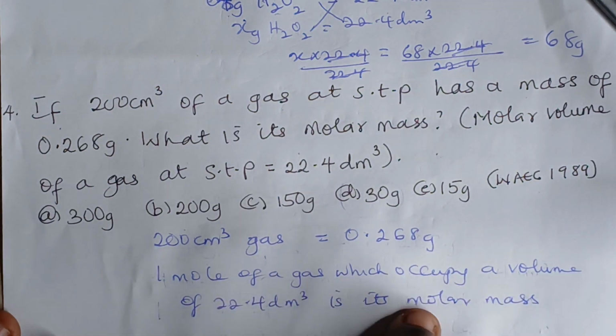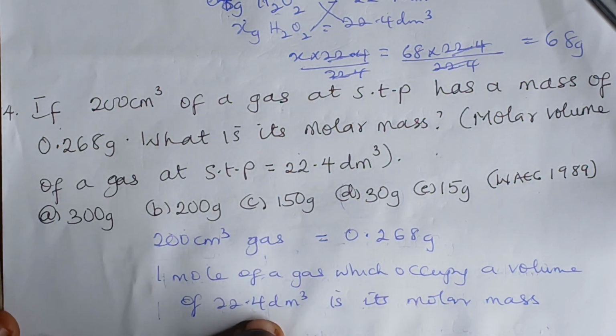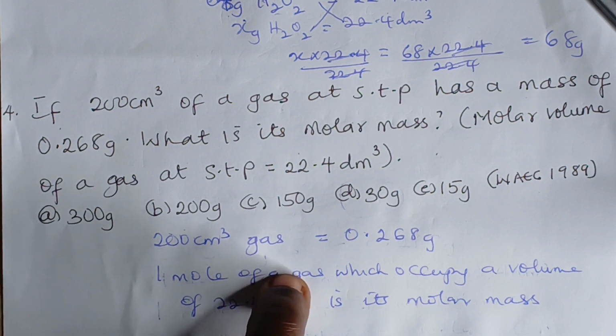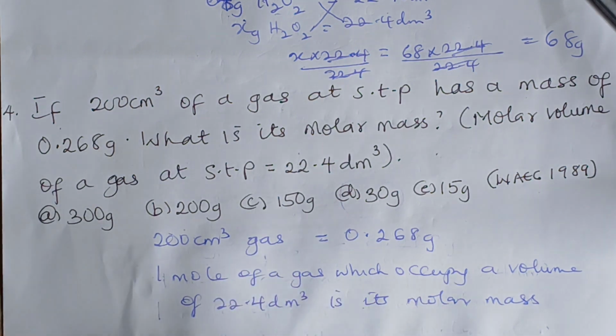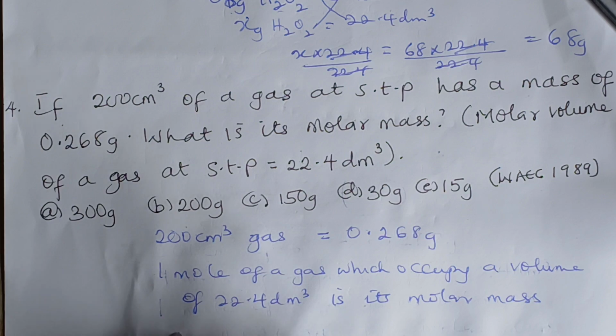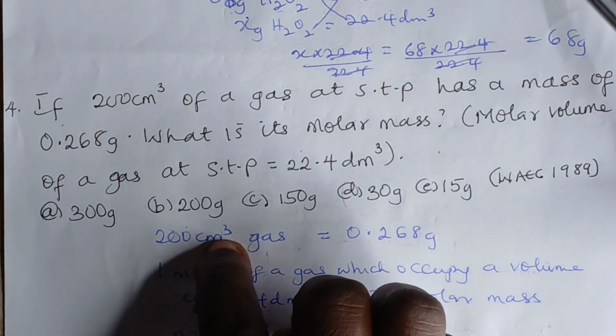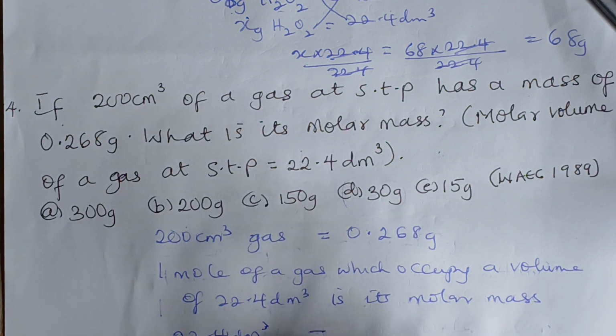So since we are working with mass and volume, 1 mole of a gas occupies 22.4 dm cube, and 1 mole of a gas is its molar mass. So I can say that 22.4 dm cube, and why did I write that first? Because volume is also here, is equal to the molar mass of that gas.